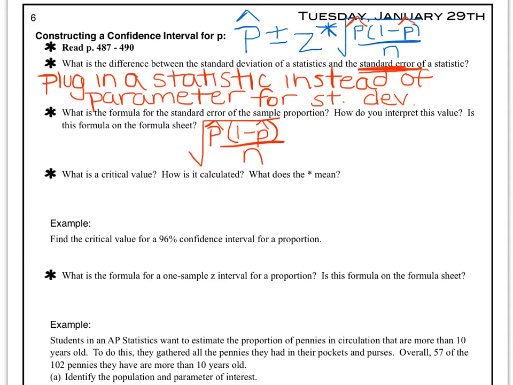Okay, let's talk about the critical value. Hopefully you've noticed that it is a Z star. Okay, and you say, well, why is it a Z star? Or why do they use Z? That's because what this tells us is how many standard deviations away from the mean I would expect this to be.